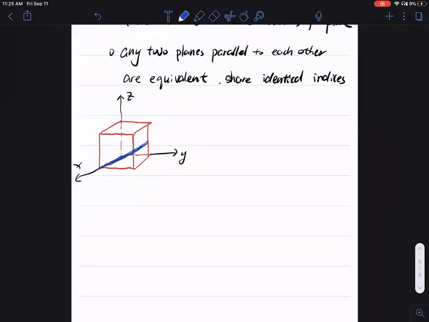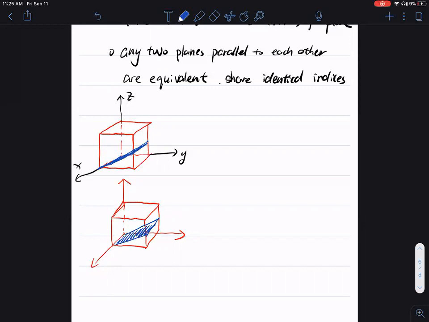Let me redraw this. Okay, so I redrew the whole thing from this angle so that it looks clearer.